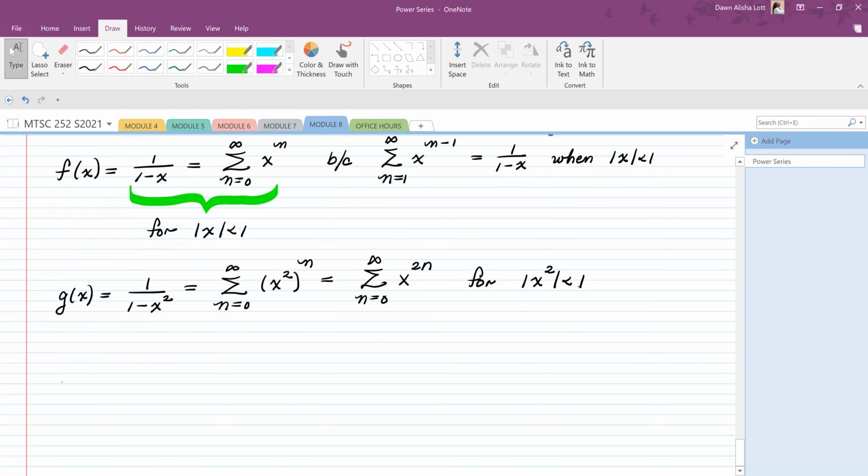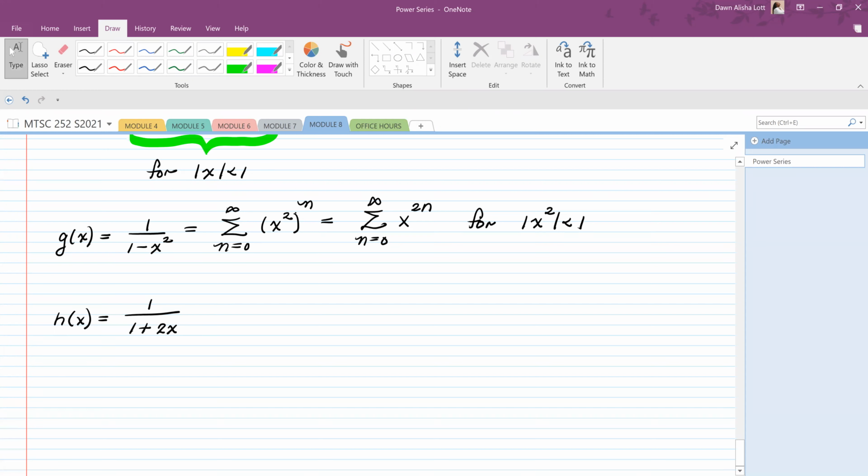How about h of x, 1 over 1 plus 2x? Well, if this is equal to 1 over 1 minus r, or a over 1 minus r where a is 1, that implies that r has to be minus 2x.